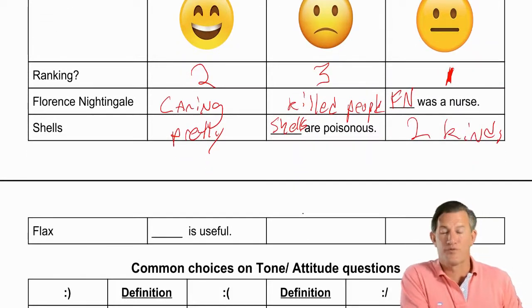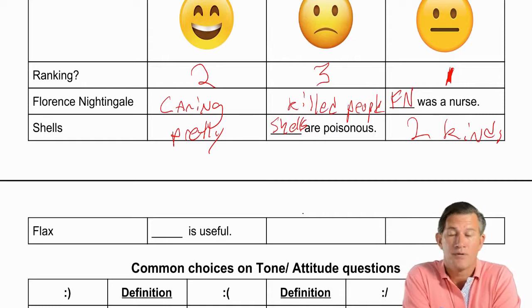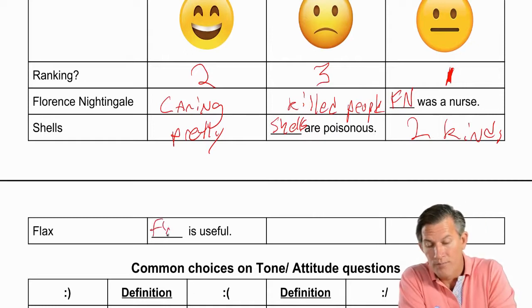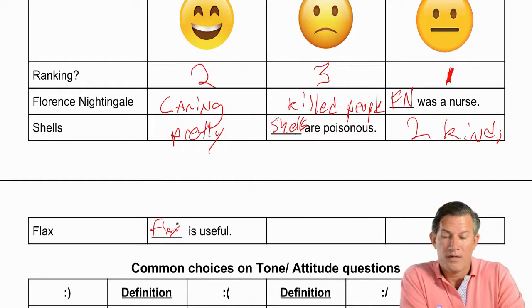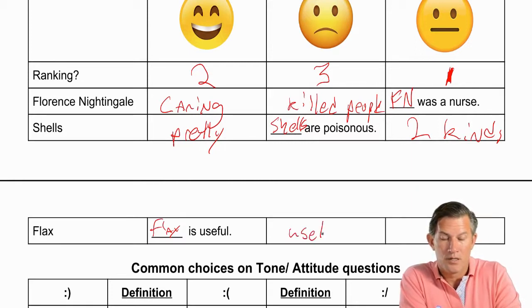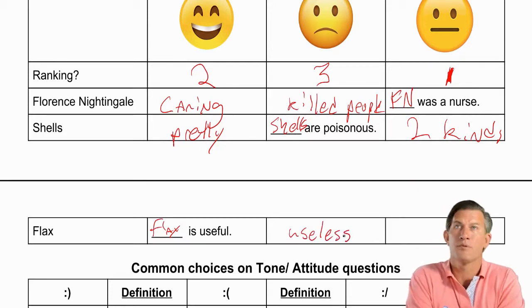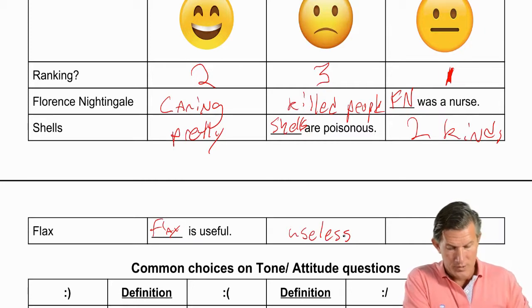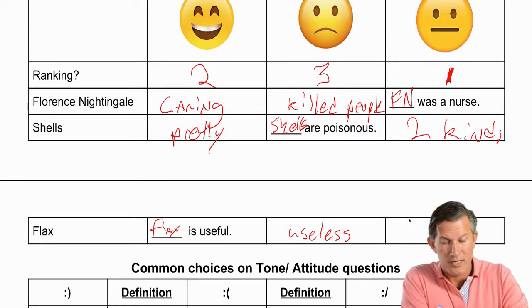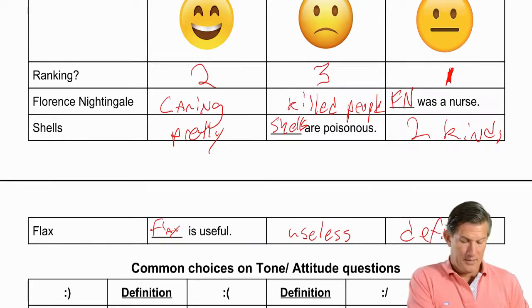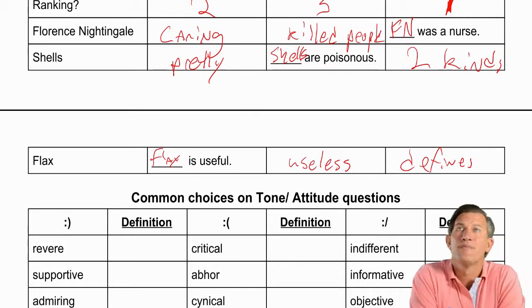Well, if it's useful, that's good. Flax is useful. Okay, that it's useless or kills people, flax. Or just an explanation of what it is. So if it just defines it, then that would be just the facts.